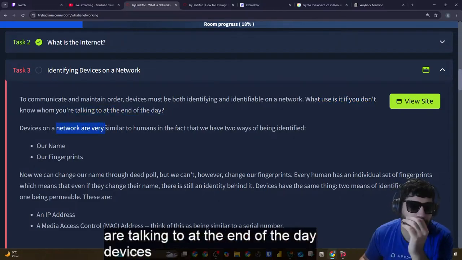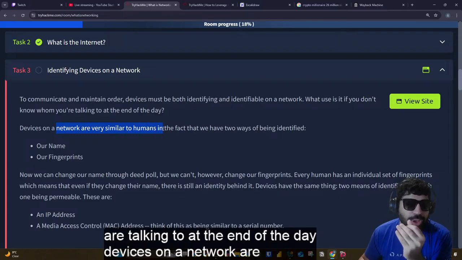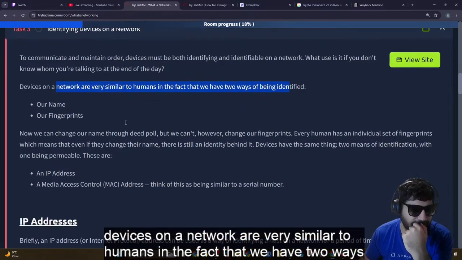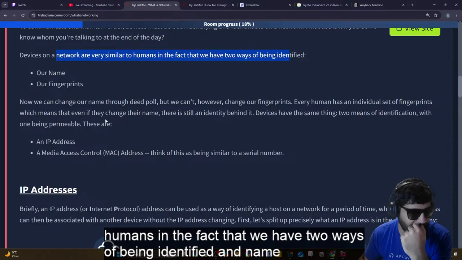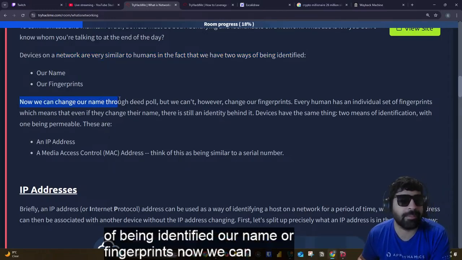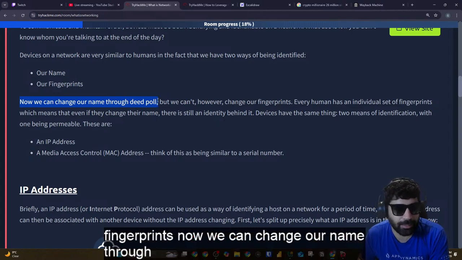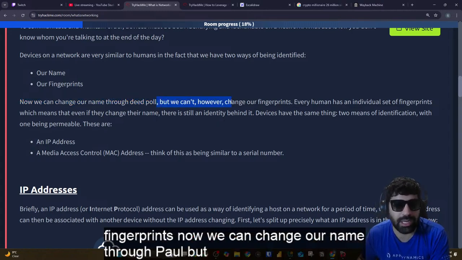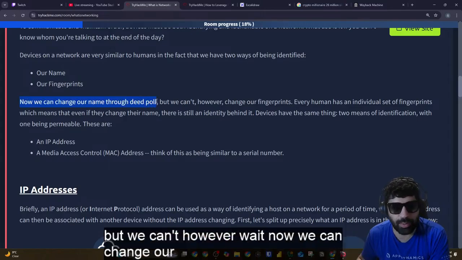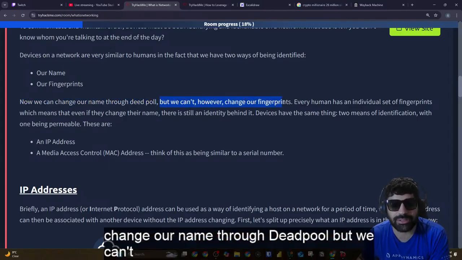Devices on a network are very similar to humans in the fact that we have two ways of being identified: our name or fingerprints. Now we can change our name through a deed poll, but we can't change our fingerprints.